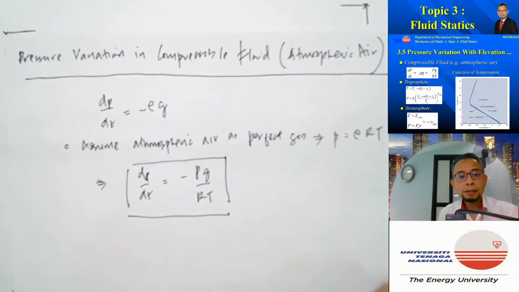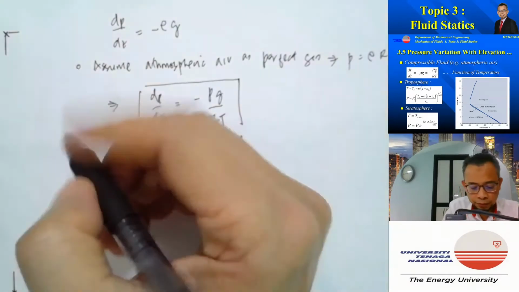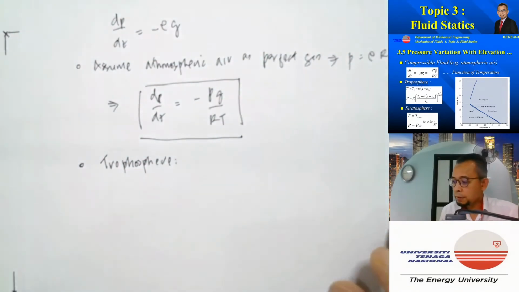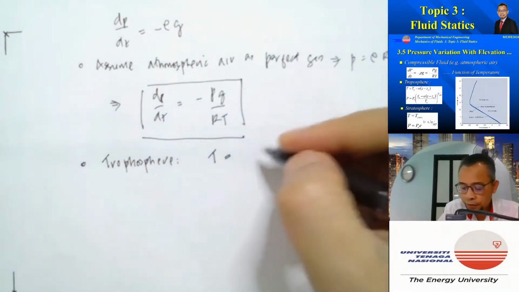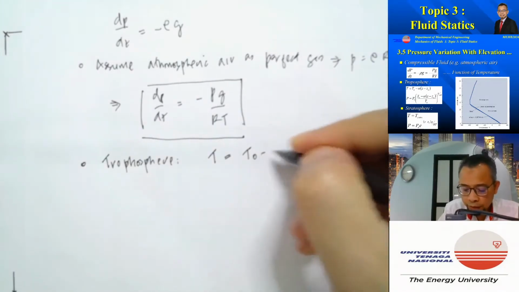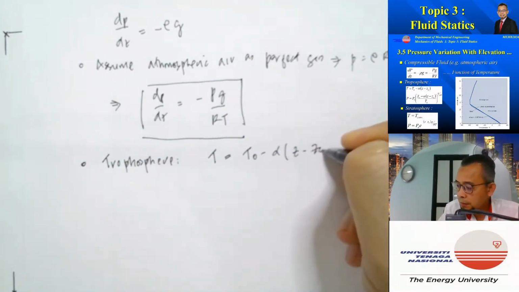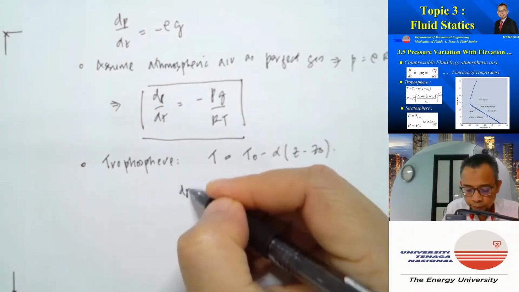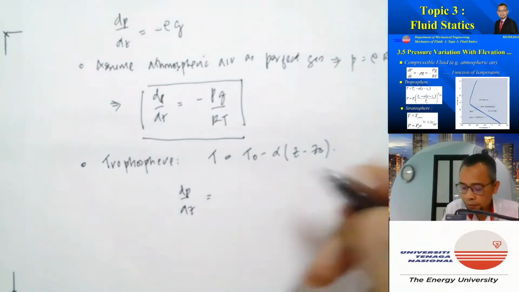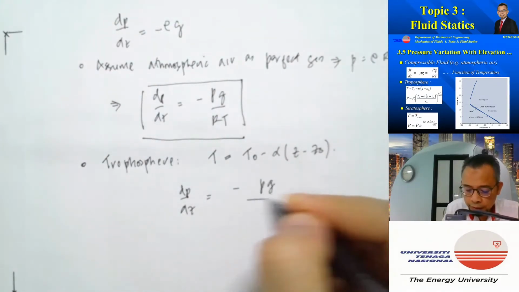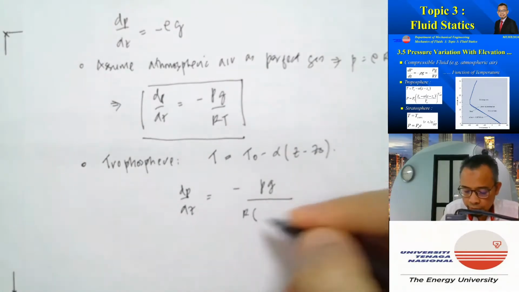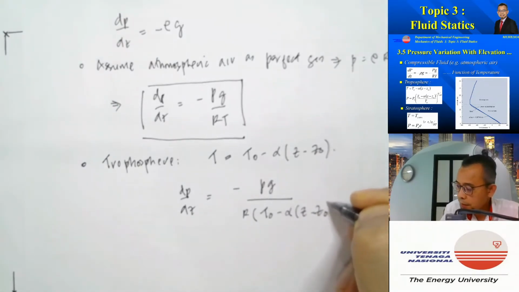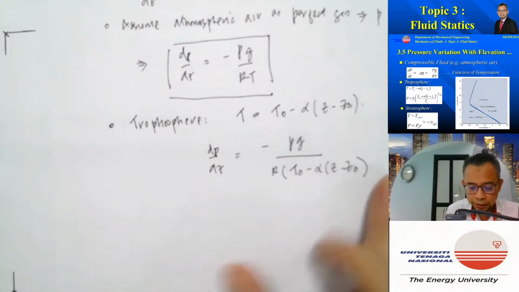Okay, let us consider these two regions. First of all, the troposphere. In the troposphere, we have T is equal to T0 minus alpha (z minus z0). Now we can substitute this into the equation, so dP/dz is equal to minus Pg over R times T, where T is T0 minus alpha (z minus z0).